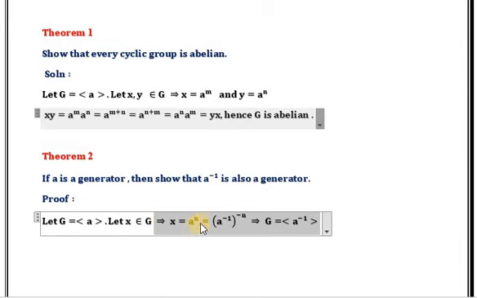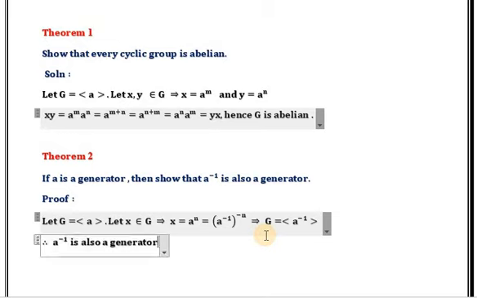So x is equal to a^n, and a^n can also be written as (a^-1)^(-n). When you multiply, you will get a positive term. So this implies that G is also generated by a inverse. That means a^n is an element of G, then (a^-1)^(-n) we can express it like this. Therefore, a inverse is also a generator of G.